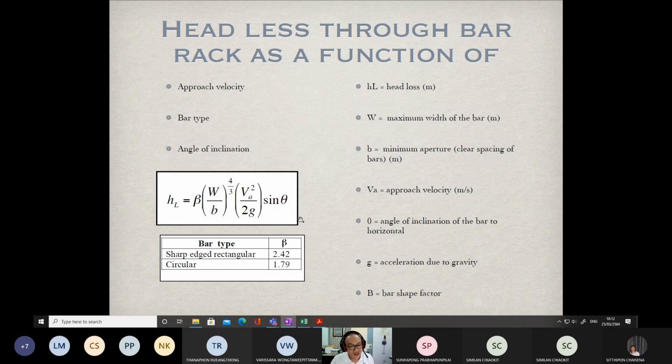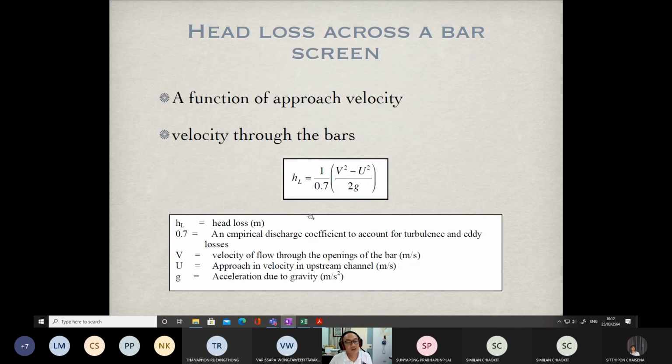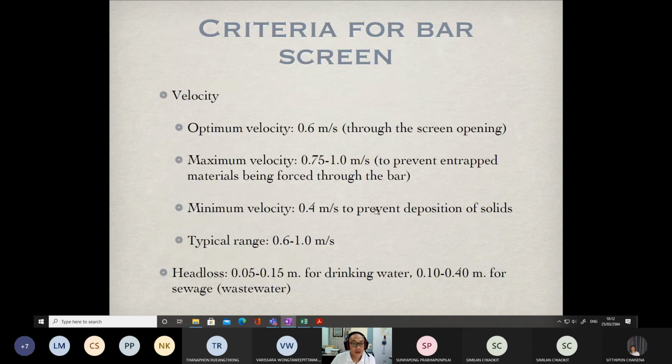So you can also use this equation if information is available for the parameters you want to apply. Otherwise, just use the equation derived from Bernoulli's equation. This is also good enough, actually.